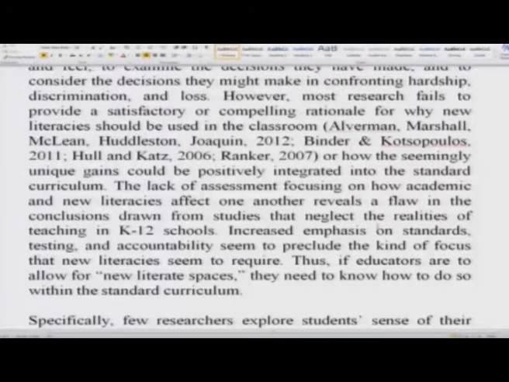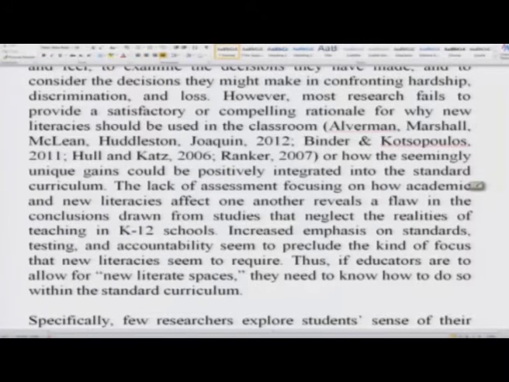Increased emphasis on standards, testing and accountability seem to preclude the kind of focus that new literacies seem to require. Thus, if educators are to allow for new literate spaces, they need to know how to do so within the standard curriculum. So, the writer here has identified a gap.